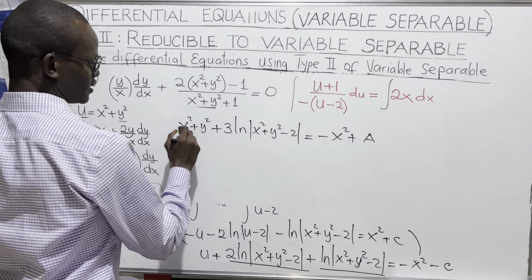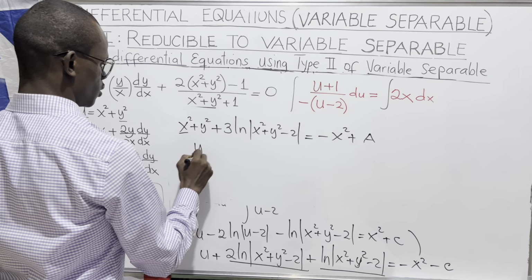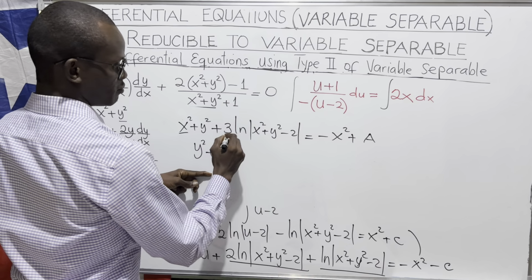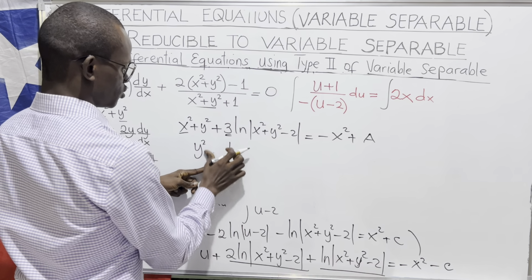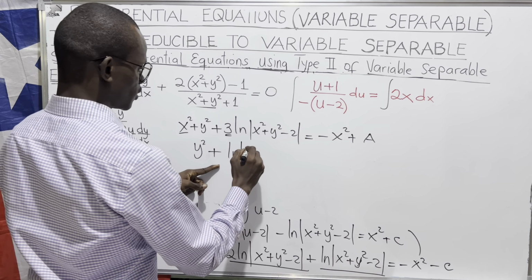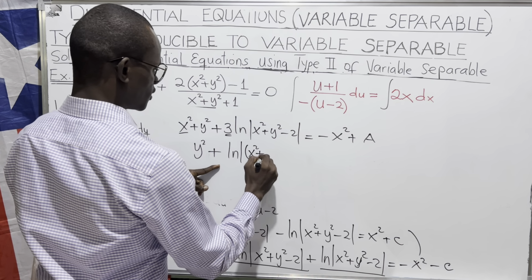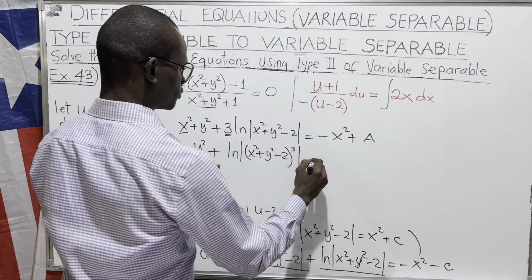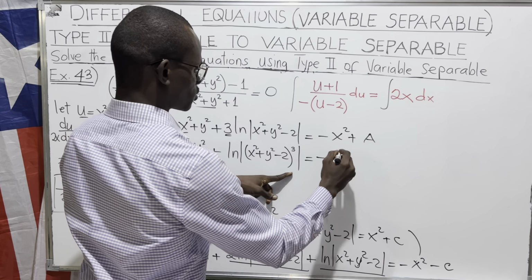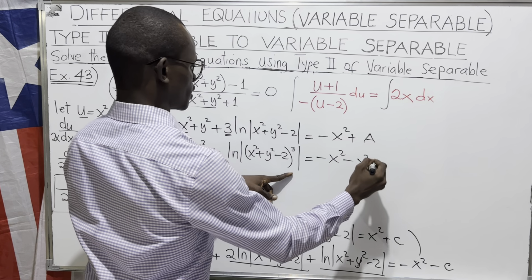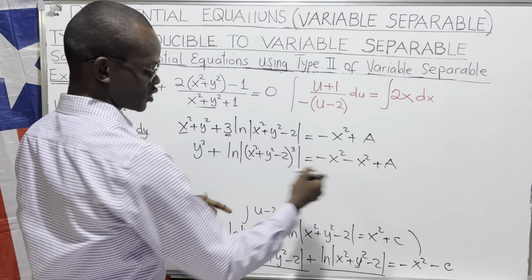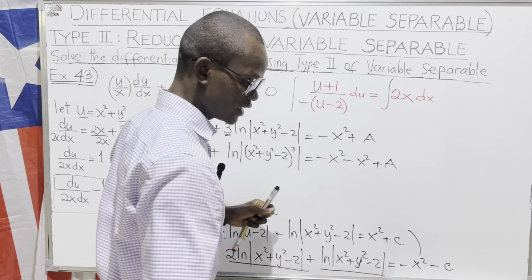So if we send this x squared across, we're going to have, so this 3 can be the power of this expression. So I can rewrite it as (x squared plus y squared minus 2) raised to the third power equals minus x squared plus a. So minus x squared and minus x squared, we can just simplify it.